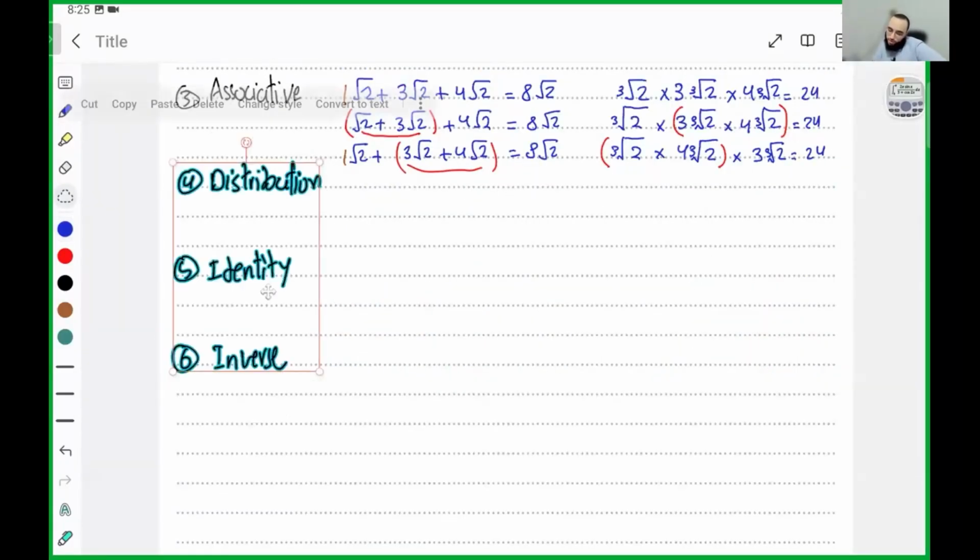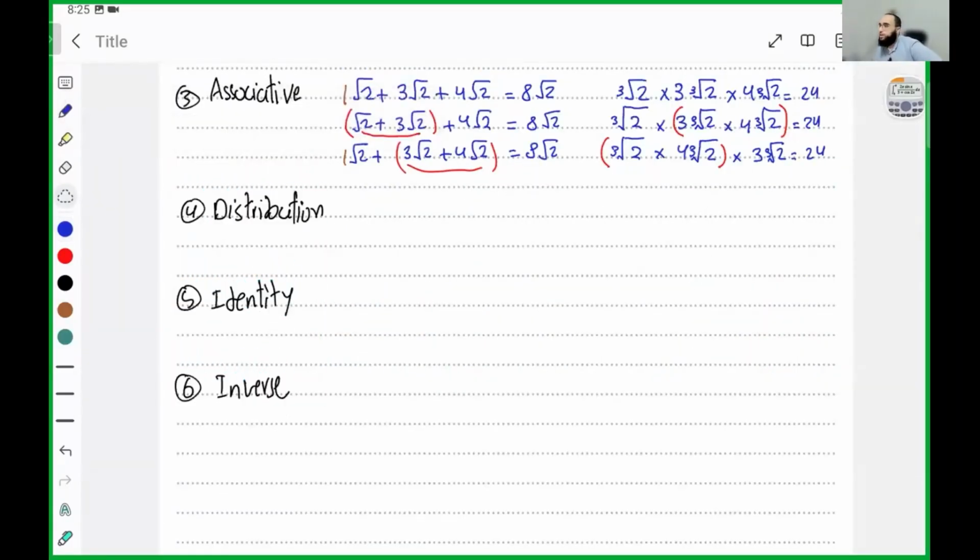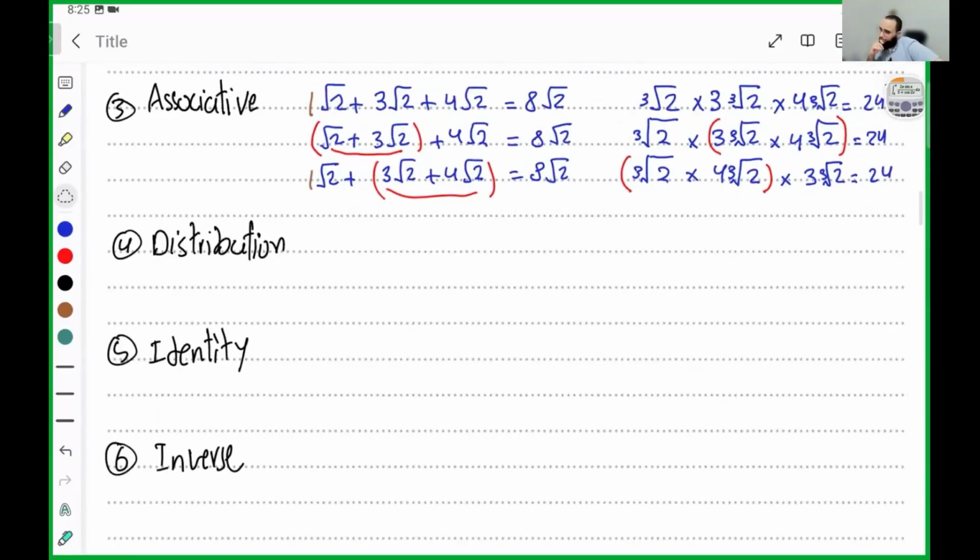And next we are talking about the distribution. Could you tell me the meaning of the distribution property? You forgot? The distribution property is something like that. If you have root 2 and you want to multiply it by another bracket, which is something like 3 root 2 plus 4 root 2, what should you do in this case?